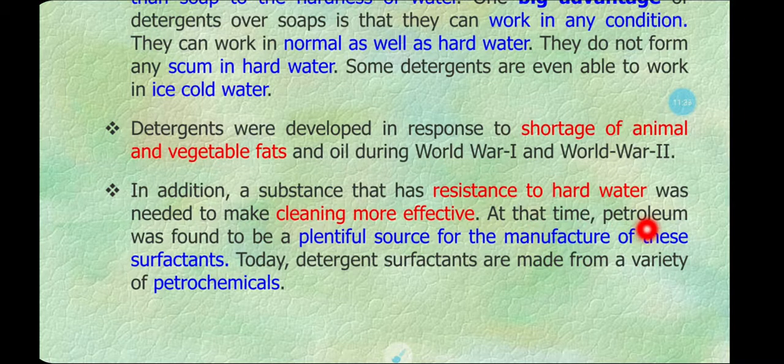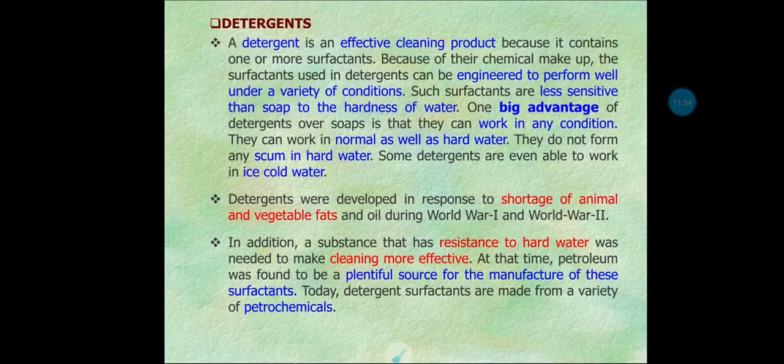At that time, petroleum was found to be a plentiful source for the manufacture of these surface active molecules, or surfactants. Today, detergent surfactants are made from a variety of petrochemical sources. So these are the advantages of detergent molecules over soap molecules.